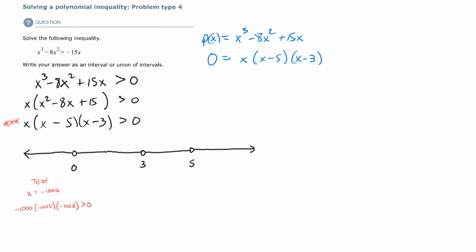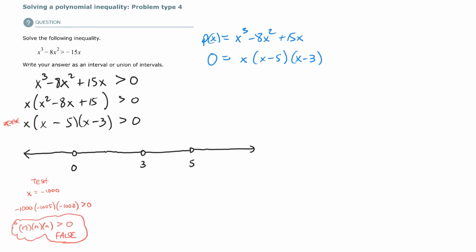Negative times a negative times a negative is still negative. Is a negative number greater than 0? So conceptually, I'm just going to do this. Negative times a negative times a negative. Is this greater than 0? And the answer is false. Of course not. A negative number is not greater than 0.